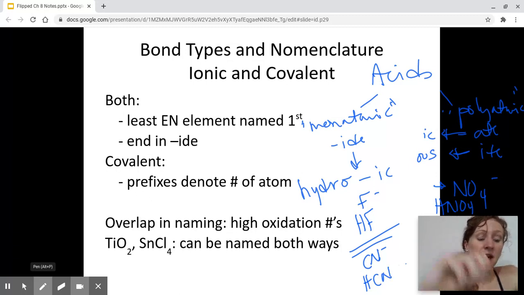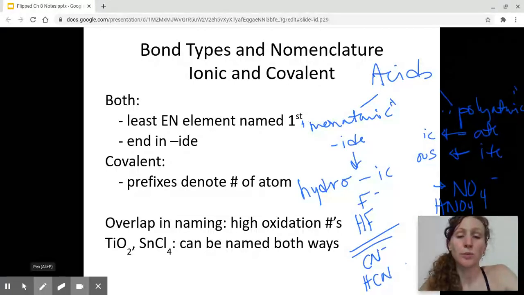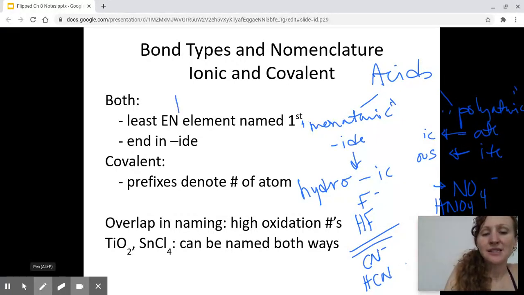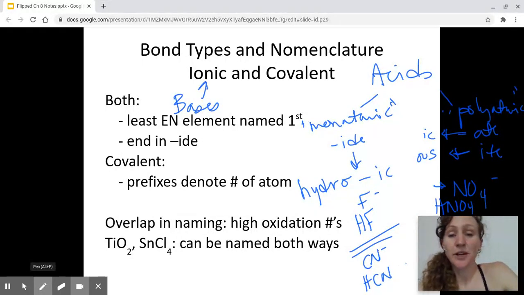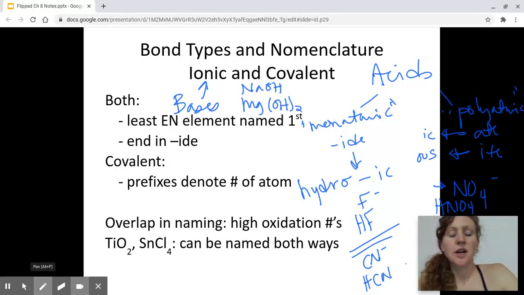All right. I don't know if bases really count as a nomenclature system, because bases don't get their own nomenclature system. Bases just take on the ionic naming system, because they're really ionic compounds, right? Like NaOH, Mg(OH)2.